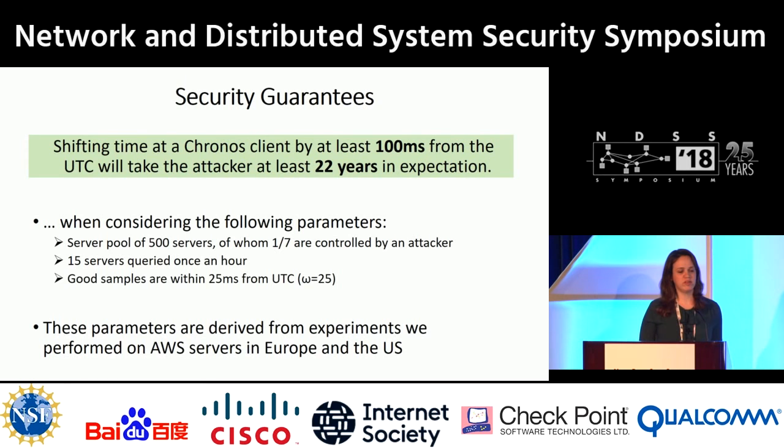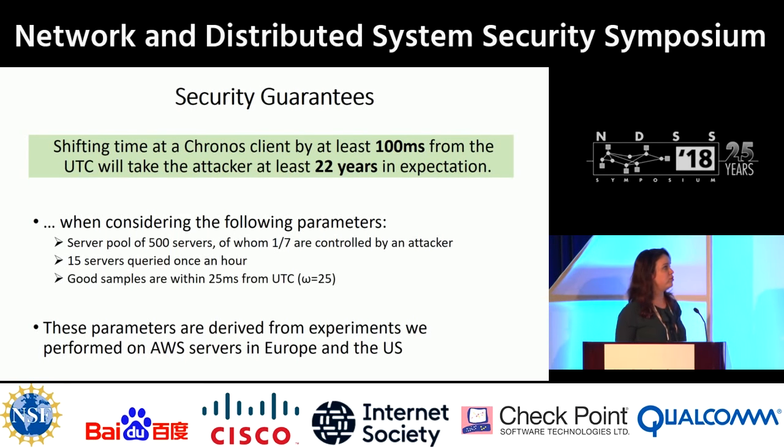So first I will present the security guarantees, and then I will move to the security analysis. Essentially in our paper, we show that even considering very extreme parameters, shifting the time of a Chronos client by at least 100 milliseconds from the UTC will take the attacker around 22 years in expectation.